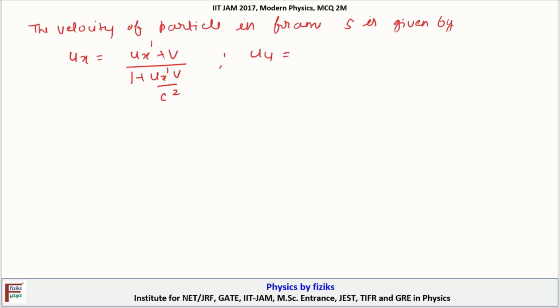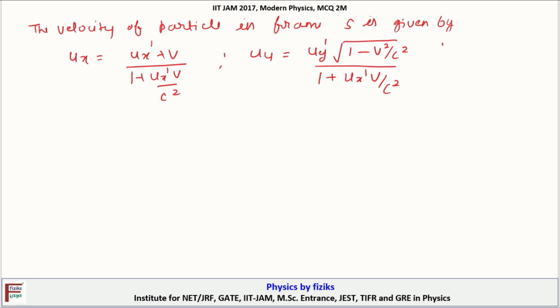Similarly, uy would be uy' into the square root of (1 minus v square by c square) divided by (1 plus ux' v by c square).